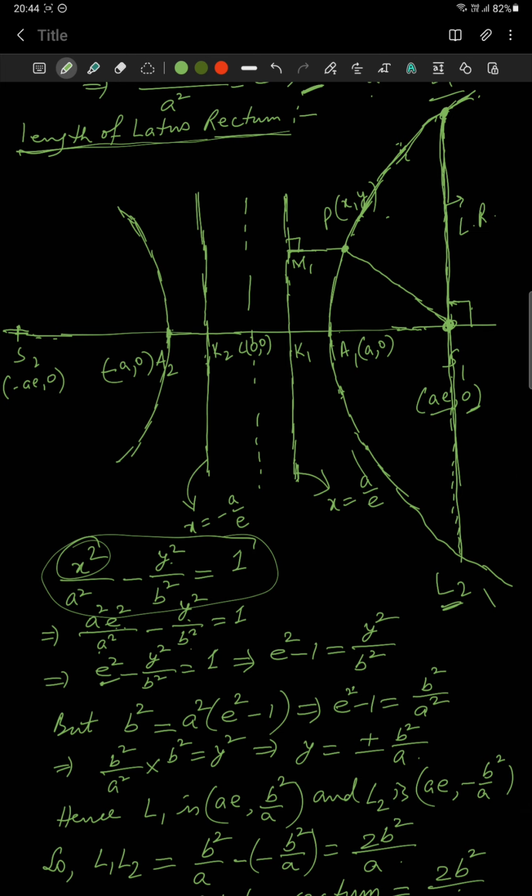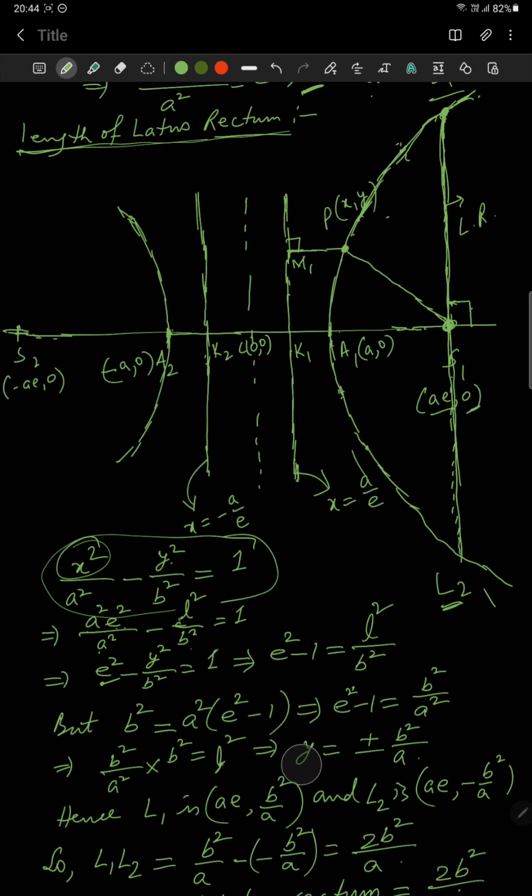Okay, let me just correct it. This can be written as L square by B square. Similarly, here also it should be L square. So I have taken actually y only. So this will be L square.